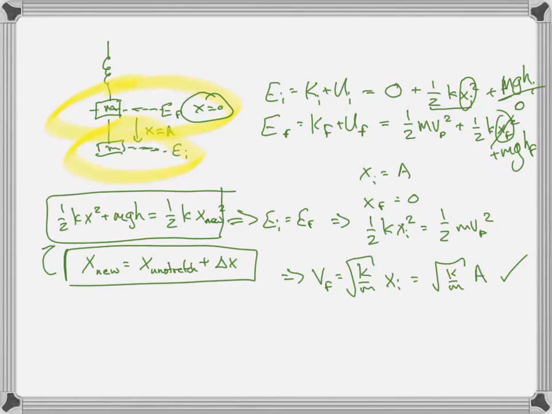I'm not going to bother proving that, but you can prove that it is true. Hence, we don't use mgh because it's already built into the 1/2 k x squared term. I know it seems a little strange, but it is absolutely true. You can do the math out for yourself and show yourself that's true.